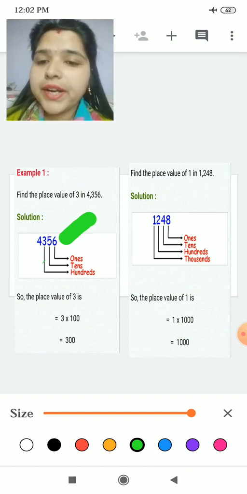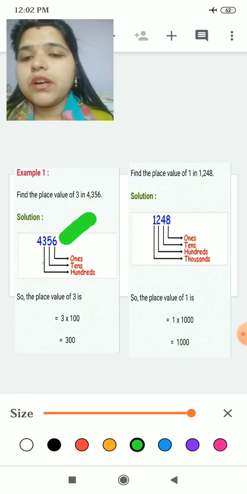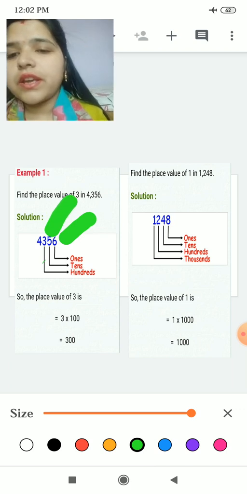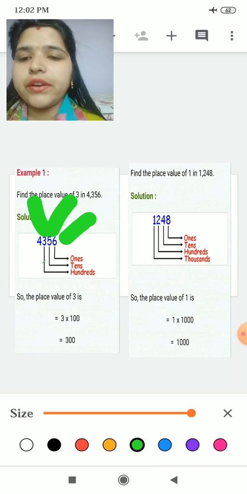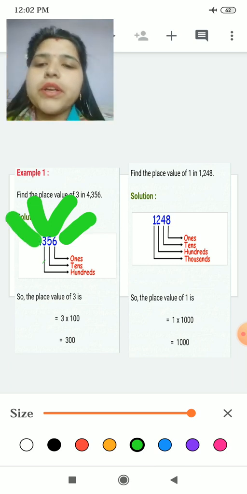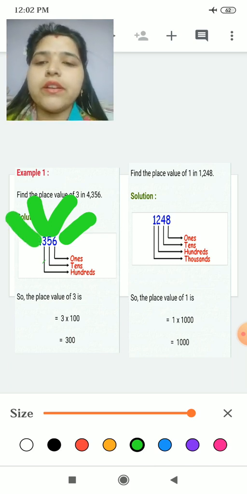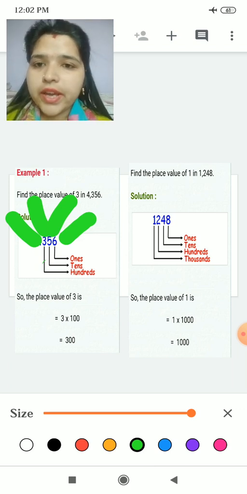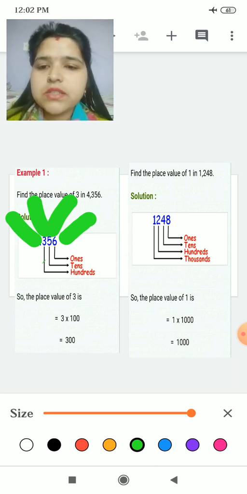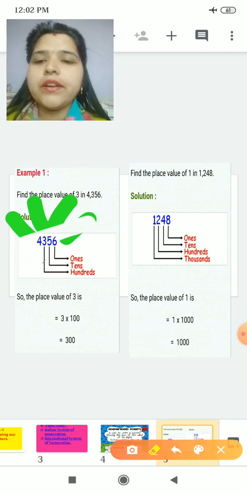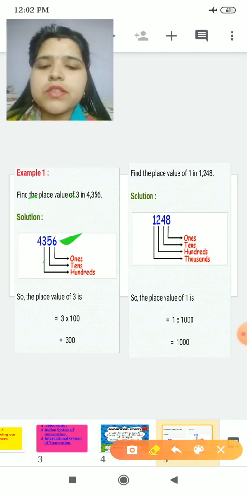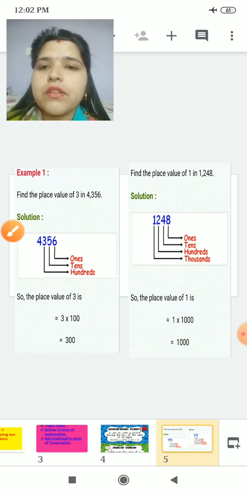We will count the digits: ones, tens, hundreds. So the place value of 3 here is hundreds, and you will make that number 300. Or you will write that number 3 and behind it put as many zeros as the digits after it.